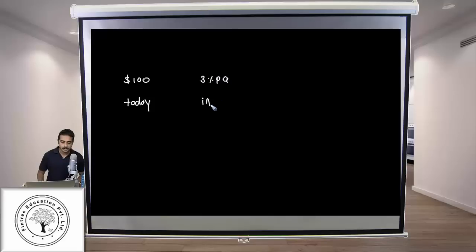Okay, so this is your interest rate. And what is the period for which you're going to invest this money? So let us say that is 1 year. So this is the time period for which money gets invested. How much amount will bank give us back after 1 year? It will be 103. So after 1 year, we will receive 103.